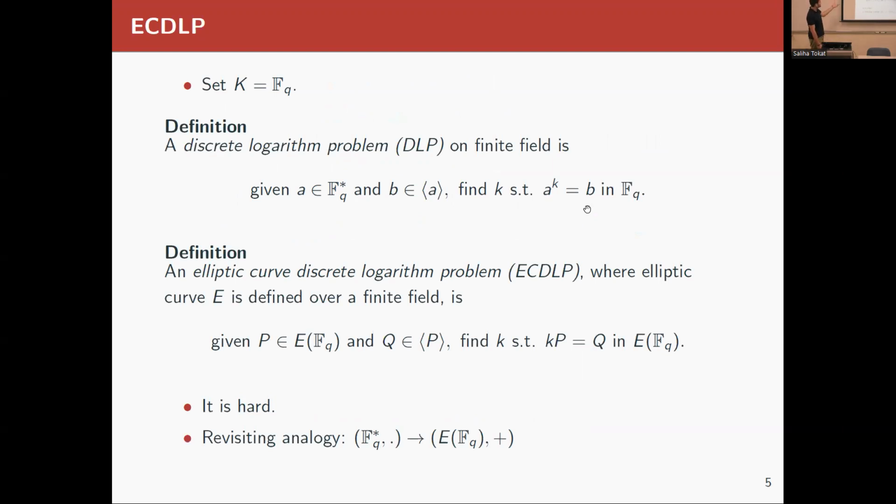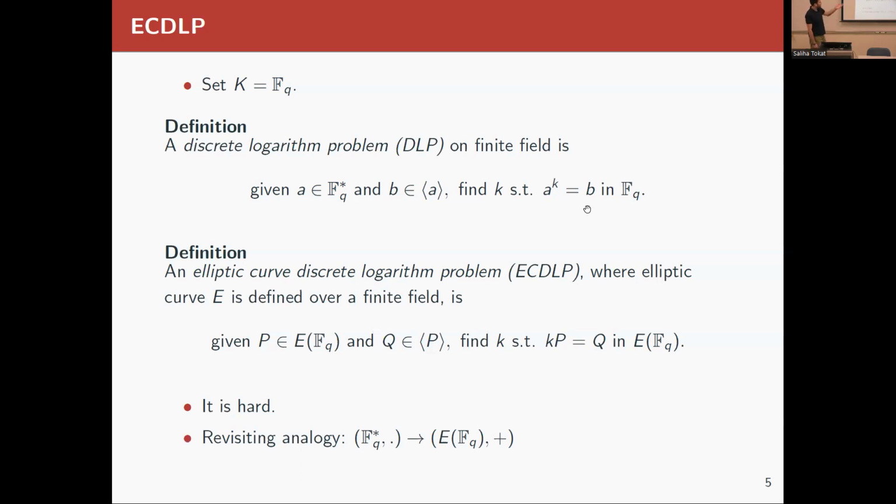Let's start with the discrete logarithm problem. What is this problem? Well, in the beginning of the talk, I talked about the key exchange problem. Actually, the hardness of this problem is equivalent to the security of the key exchange process.